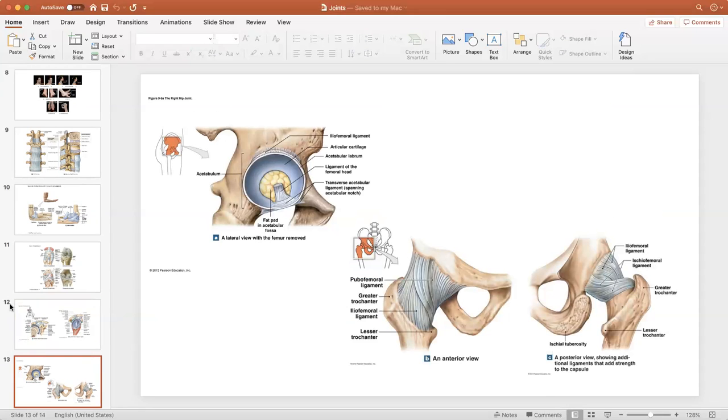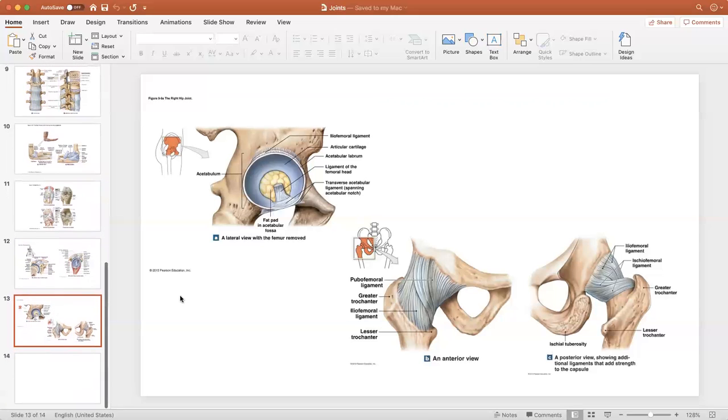All right, and then your hip joint. So the last one here is, so we have the acetabulum. Okay, we have the acetabulum, and then we have the transverse acetabular ligament over that acetabular notch. Okay, and then there's the ligament for the femoral head, so that helps keep that head in that joint.